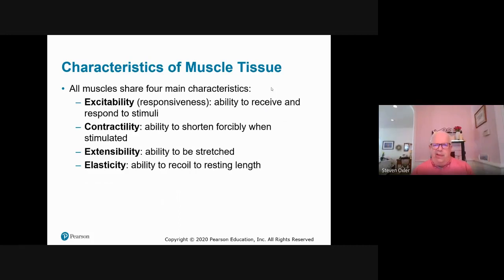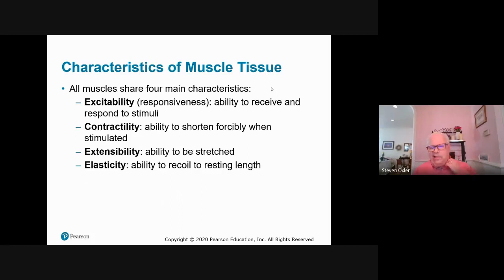Excitability. Excitability is the ability to receive and respond to stimuli, otherwise known as responsiveness. Contractility, the ability to shorten forcibly when stimulated. Extensibility, the ability to be stretched.